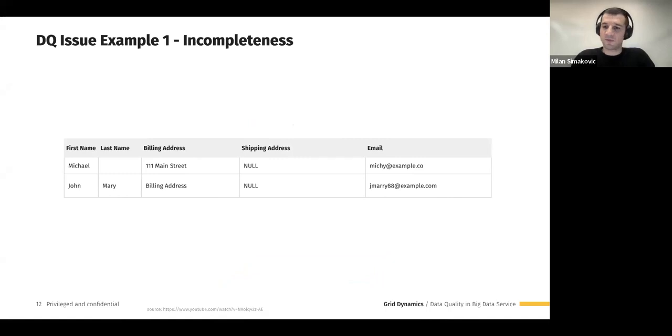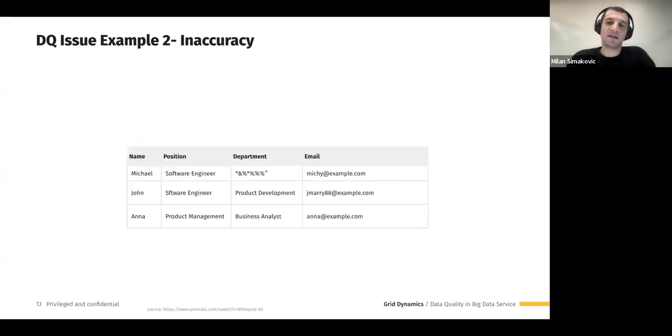On this table, you can see two rows, and in these two rows we have a couple of different problems. The first problem is that the first row, Michael, doesn't have a last name, the shipping address is null, and the email is invalid, while the second line has a default string for the billing address, and the shipping address is null.